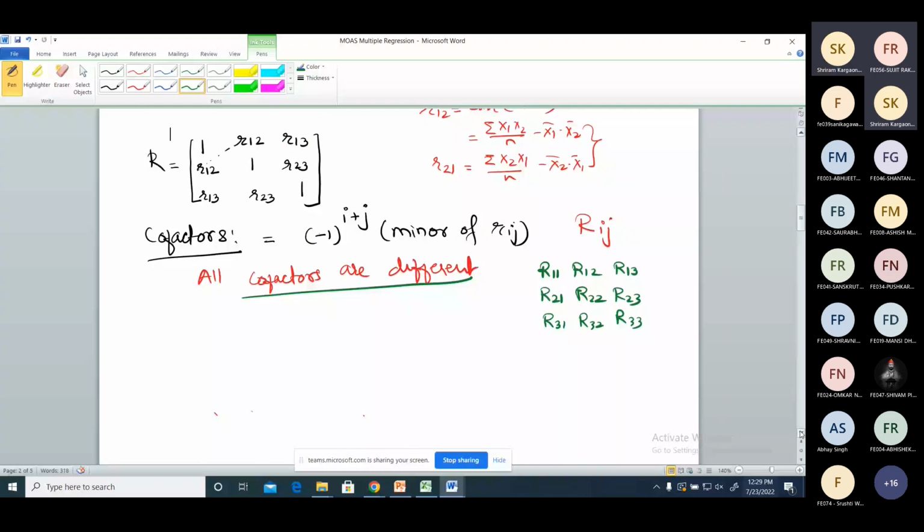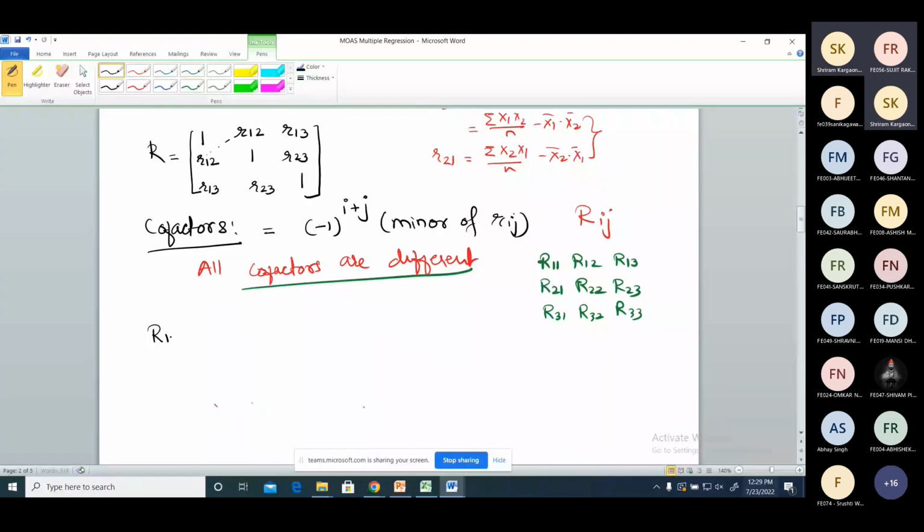Let's find any one, say R11. How do you get the minor of Rij? You get it by deleting the ith row and jth column, and you will get the minor in determinant form. So for R11, it is minus 1 to the power 1 plus 1, first row, first column, times the minor.